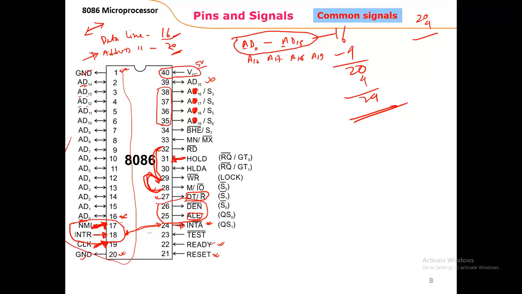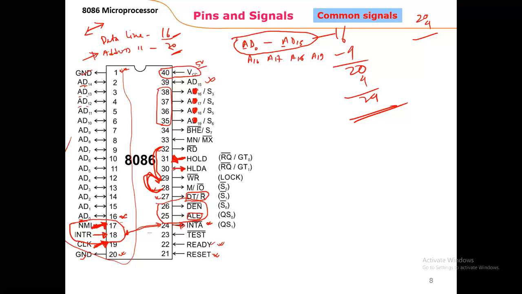Hold means our peripheral device requests the microprocessor to hold its work. Then the microprocessor holds its work and sends an acceptance signal. This is the hold acknowledgement.